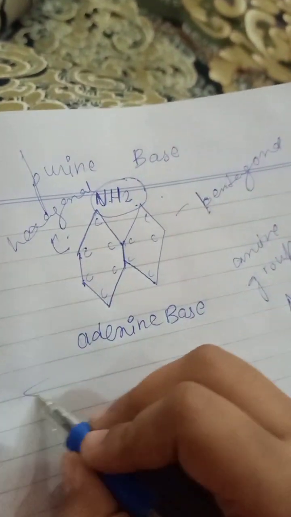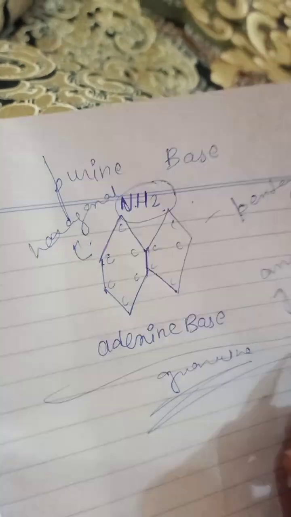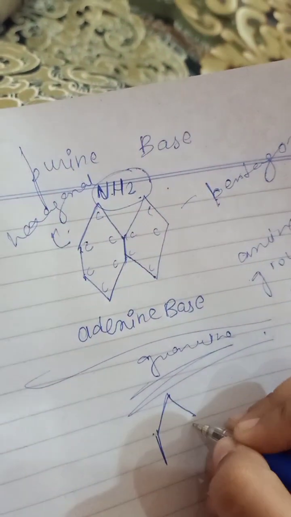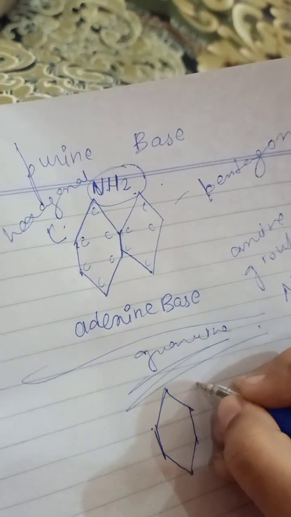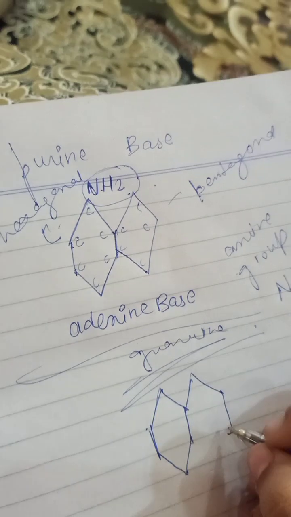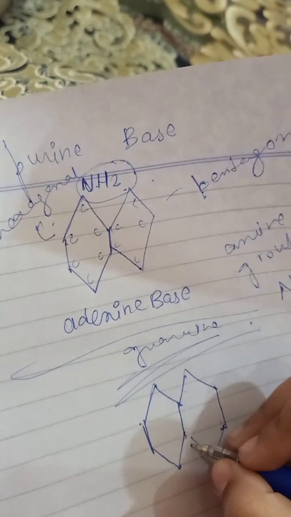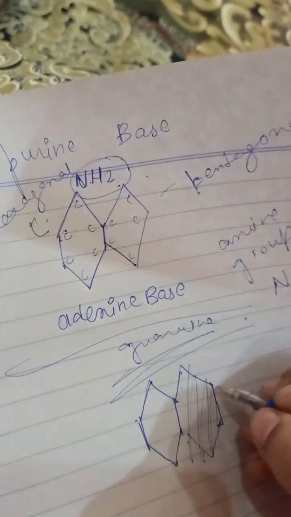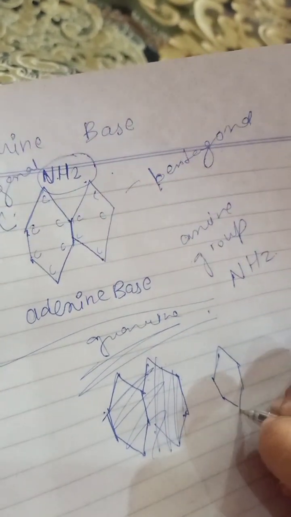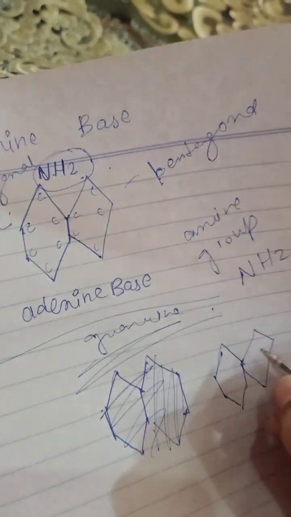If you're talking about the guanine, guanine is also having a 6 carbon ring, and second one is the 5 carbon ring.